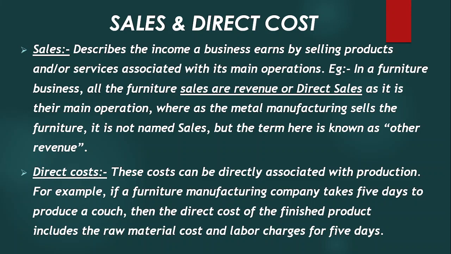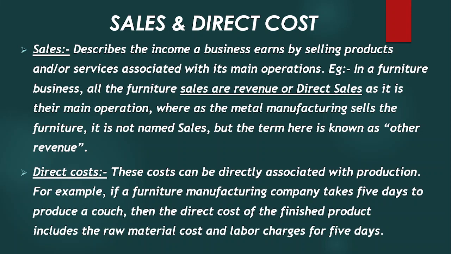For example, in a furniture business, all the furniture sales are revenue or direct sales, as it is their main operation. Whereas for a metal manufacturing company, if it sells furniture, it is not named sales, but the term here is known as other revenues.